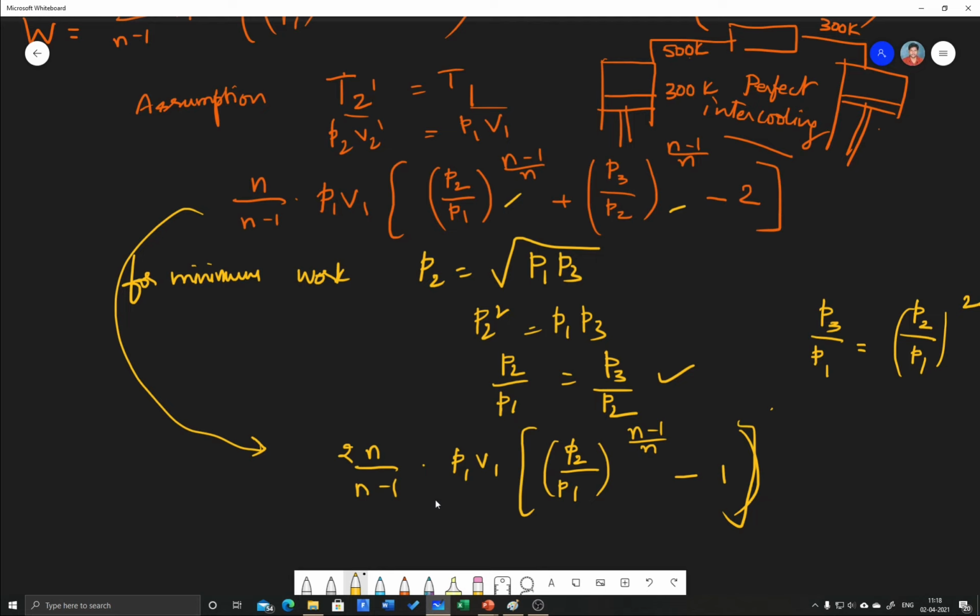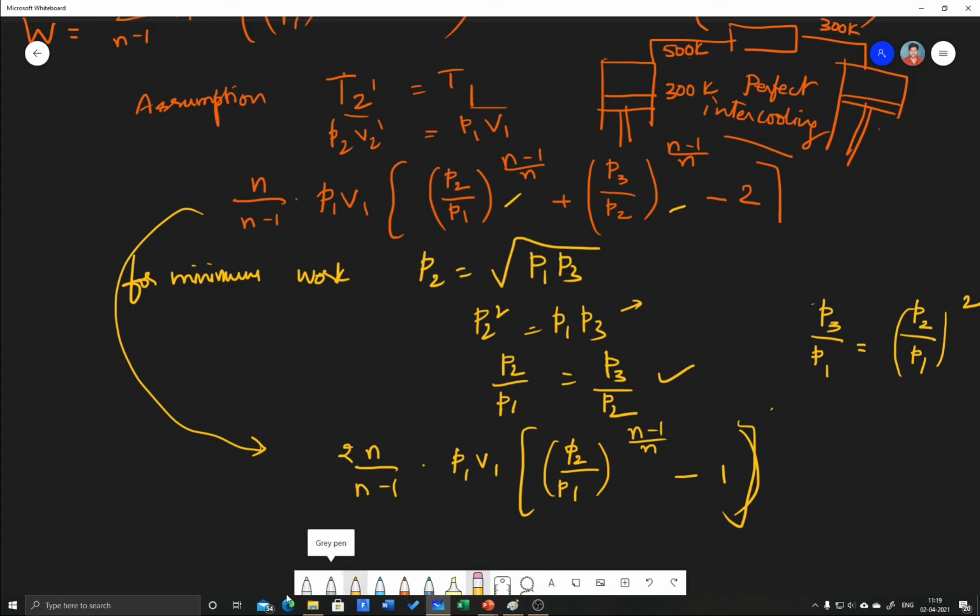Why? From this, P2 square is equal to P1 into P3, and for this you have to multiply by 1 over P1. So P1 into P1, P1 square, it comes here, becomes P2 square by P1 square.